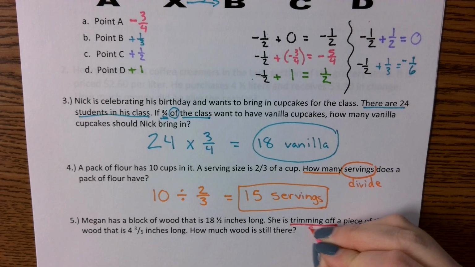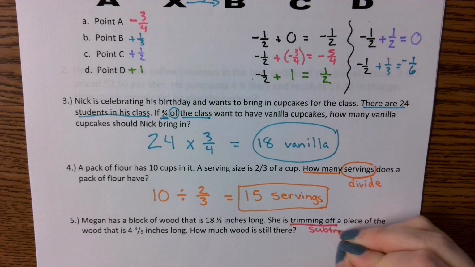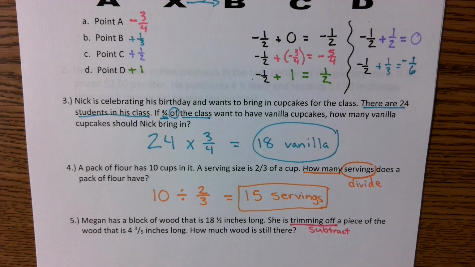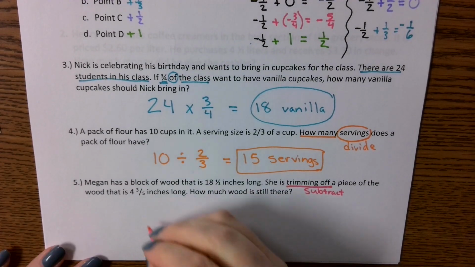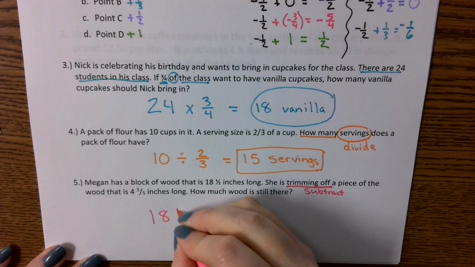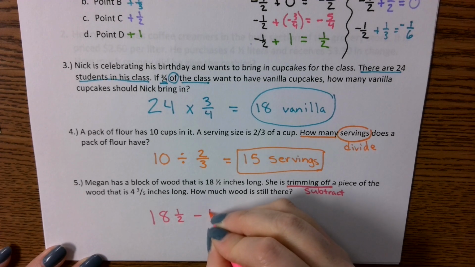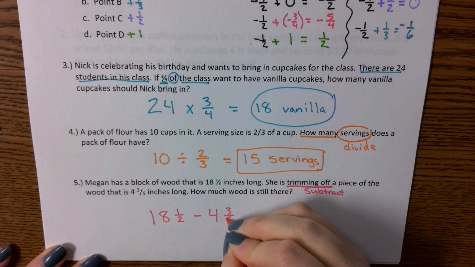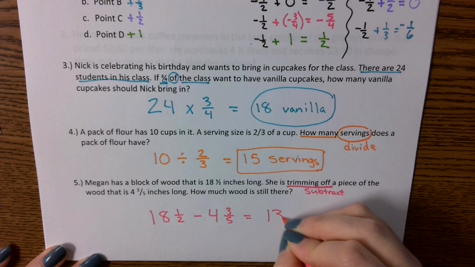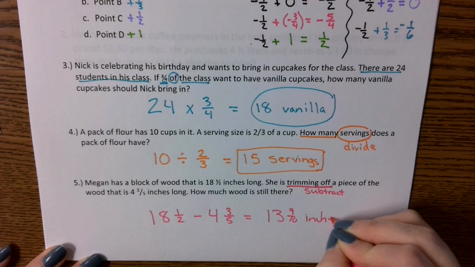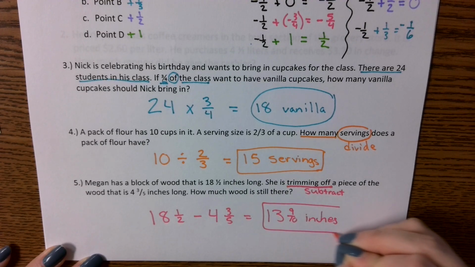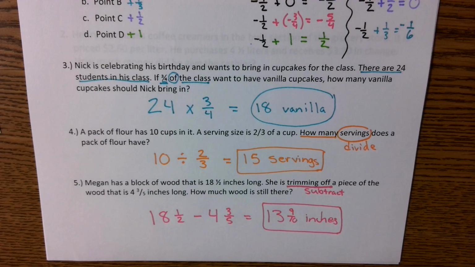When we see trimming or cutting or removing, we're going to subtract. So we're going to take 18 and a half and subtract 4 3/5. And that's going to equal 13 9/10 inches. So that's the remaining amount.